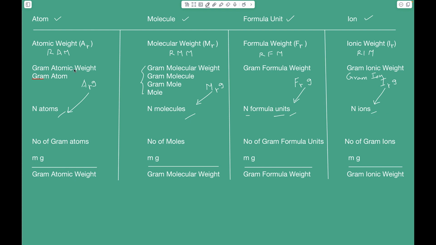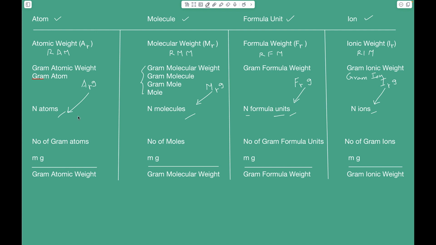The good thing with these names is there is no confusion with these names. If I say gram atom, you understand that I am talking about atoms. If I say mole, you understand that I am talking about molecules. And if I say gram ion, you understand that I am talking about ions. But they all contain the same number of particles.